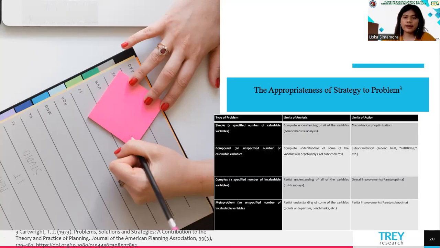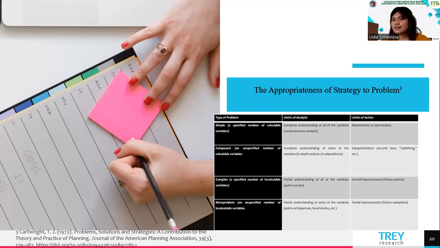Okay, and then actually this one is the explanation about the problem type. But here we see in the second and third columns, it has limits of analysis and limits of action. For example, if the type of problem is a simple one, our analysis limitation is a complete understanding of all of the variables, so it has a comprehensive analysis.